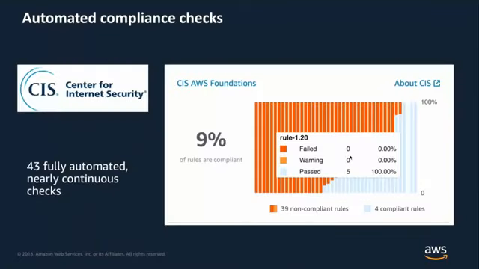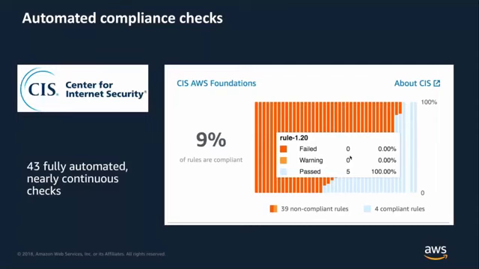Next, compliance checks. As I mentioned earlier, compliance checks are very exciting for the customers that we've been working with. The first compliance module that we've rolled out is the Center for Internet Security's AWS Foundations Benchmark. And it consists of 43 fully automated, nearly continuous checks.